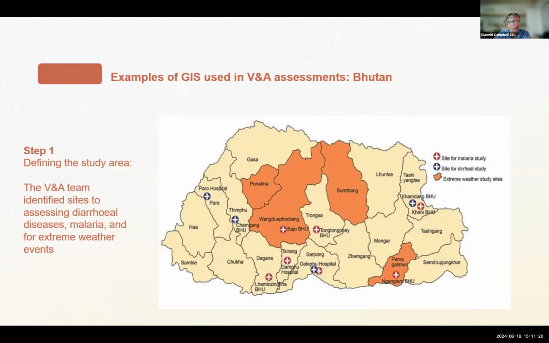So in this example from Bhutan, a country we've worked with closely for probably about 15 years now, right from the start, GIS was used to identify the study areas in which the project team wanted to look at the relationship between climate and weather information and health outcomes, including diarrhea, malaria, and also the health impacts of extreme events.